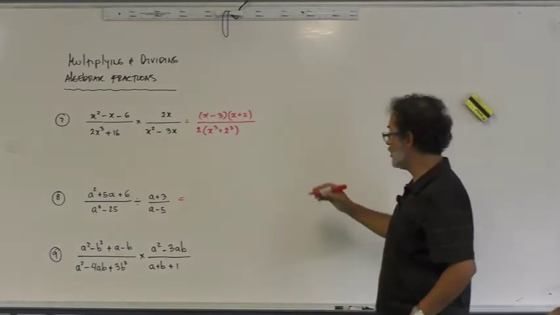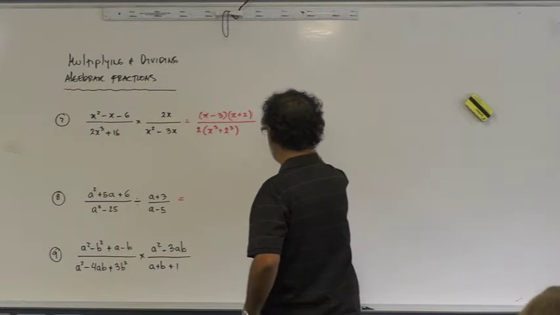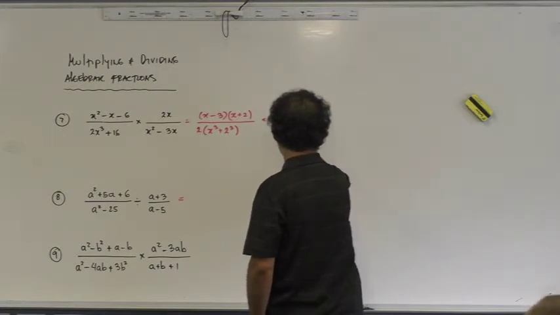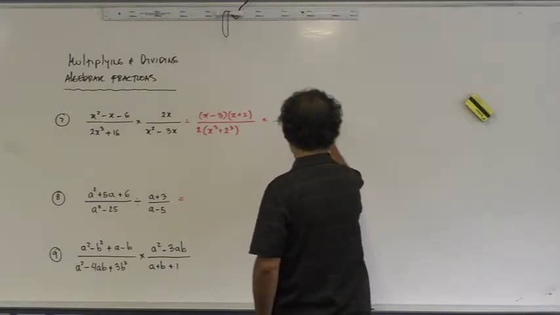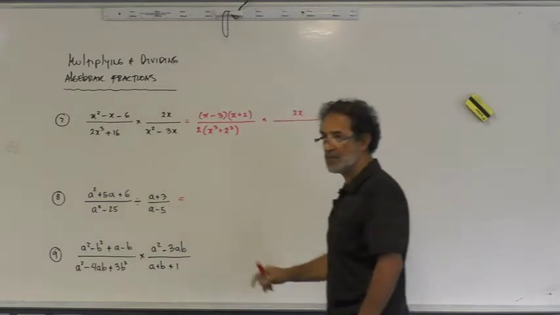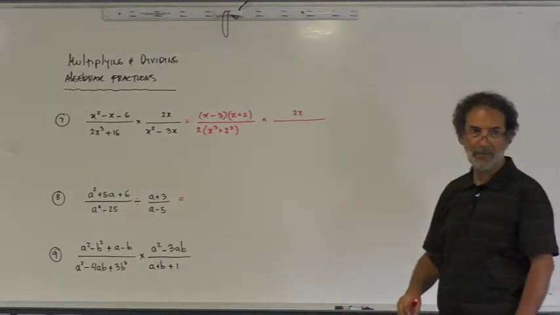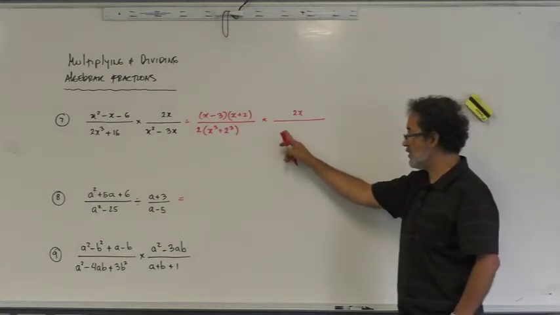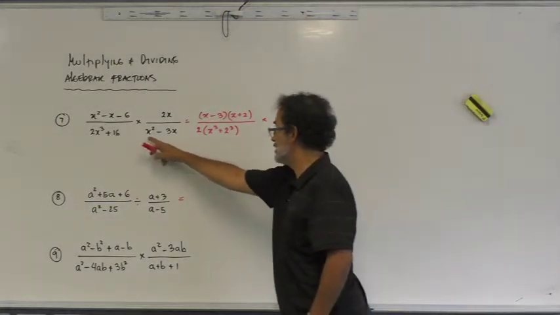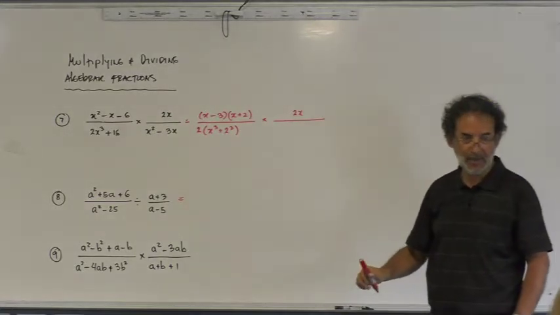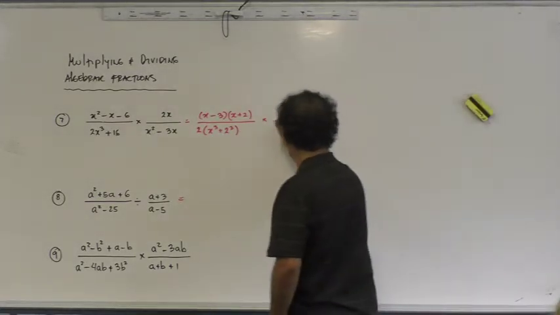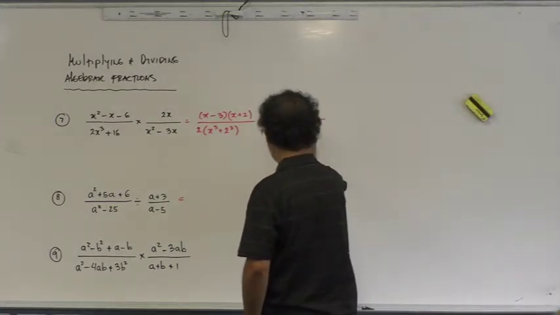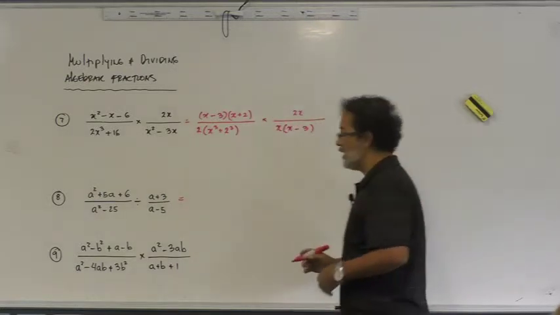And then we are multiplying that by 2x. There's nothing we can do with this. Can we take the common factor from this denominator? So it's going to be x outside of x, take away 3.